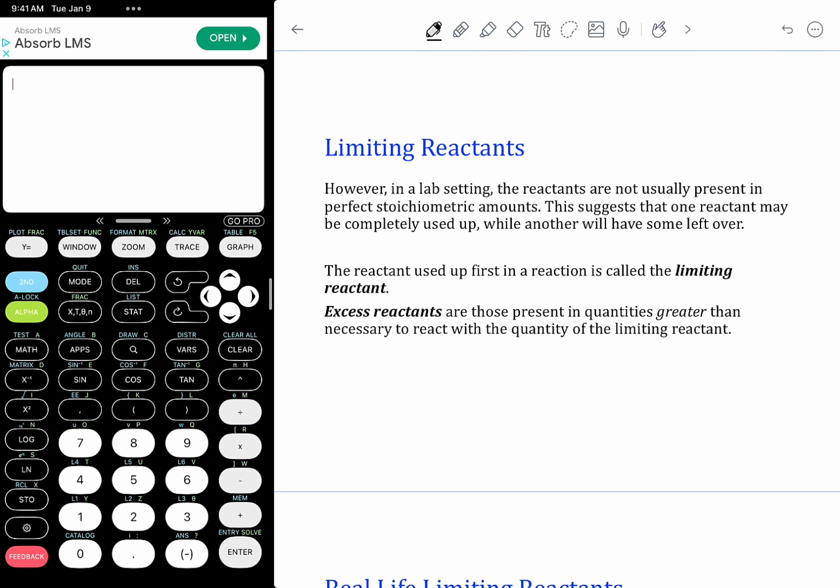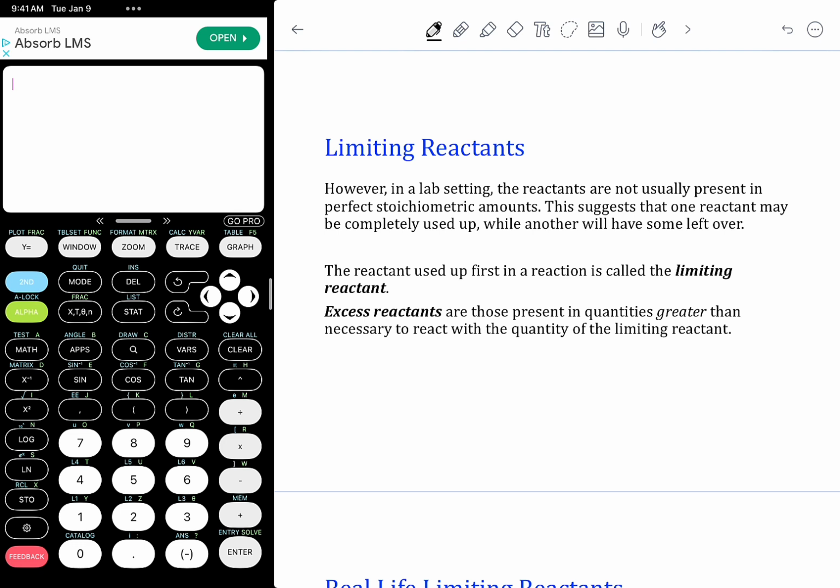The reactant that's used up first in the reaction is the limiting reactant, because that limits the chemical reaction, how far the chemical reaction can go, and how much product we can create. So it is what limits the reaction. The excess reactant, or reactants if there are multiple, are those present in quantities greater than necessary to react with the quantity of the limiting reactant.